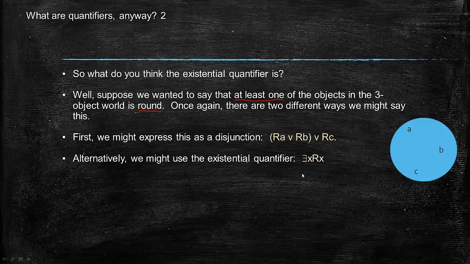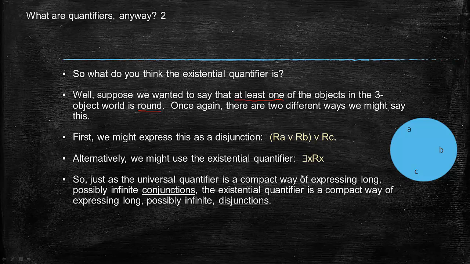So in an exactly analogous way, the existential quantifier is this beautifully compact way of characterizing disjunctions. So the universal quantifier is to conjunctions as the existential quantifier is to disjunctions.